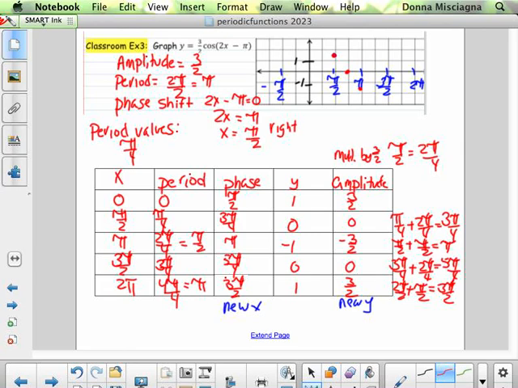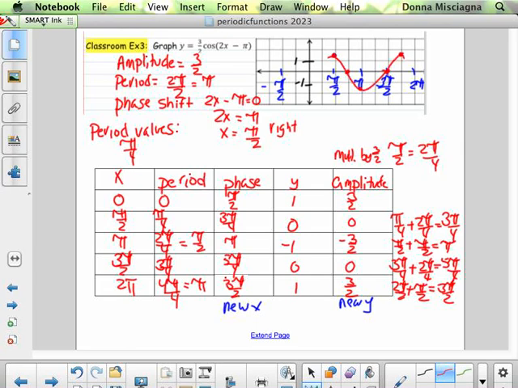And then 5 pi fourths, which is going to be one fourth over, and that one is 0. And then 7 pi fourths is going to be the 3 halves. And that would be there. And so here's our graph.